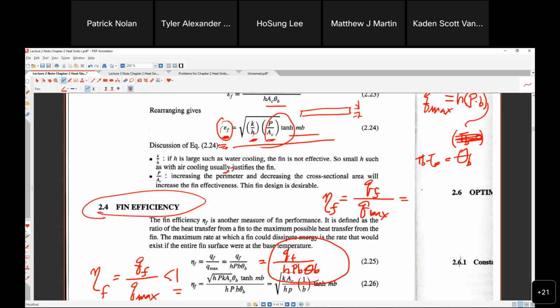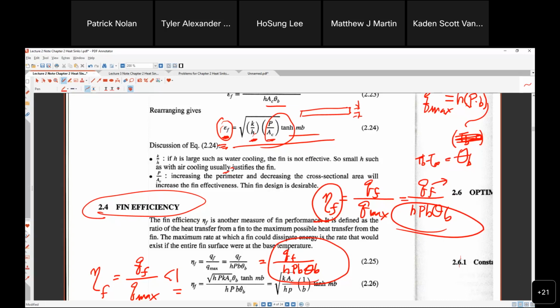Q max is easy: h P B theta b. Easy to remember. So once you figure out the efficiency, do you think you can calculate the actual? Yes or no?